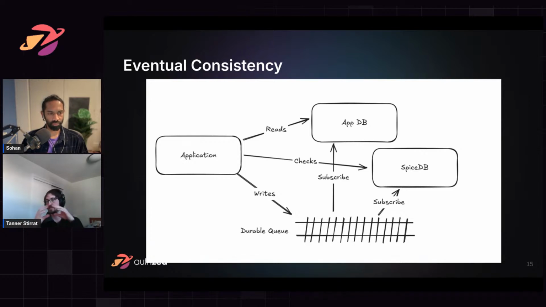But the issue is that as the number of services in your system grows, the number of potential links between systems grows with the square of the number of systems. And that means that the network traffic inside your system, if you're doing everything with request-response, is going to grow roughly as the square of the amount of traffic coming into your system. And that is a big scaling problem.